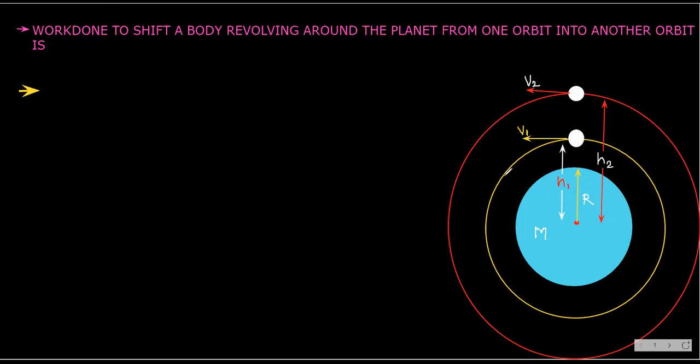This is revolving at height h1, and this height is h2. I will take this height from the surface. This height should be from the surface.